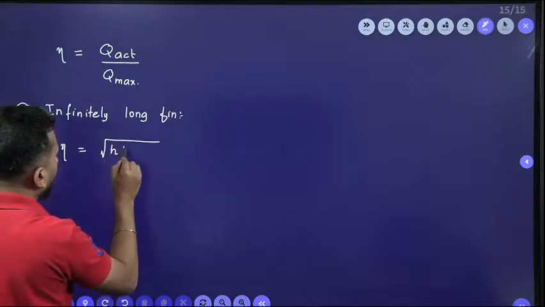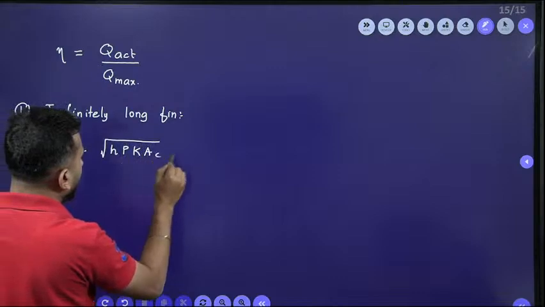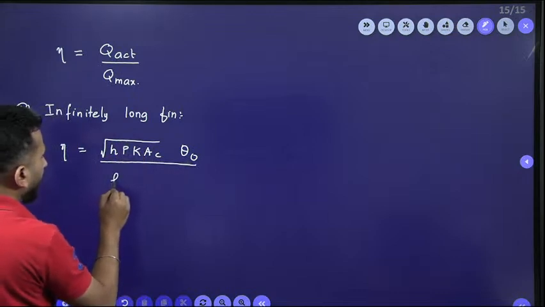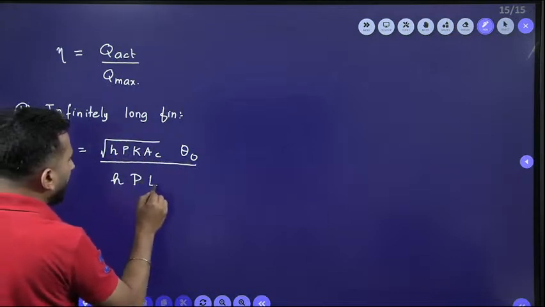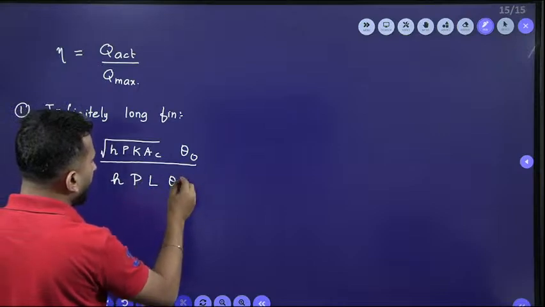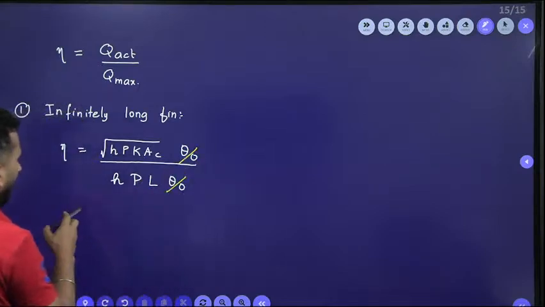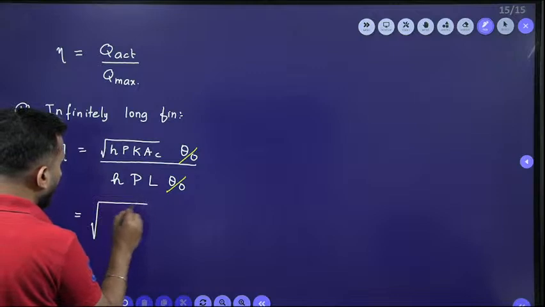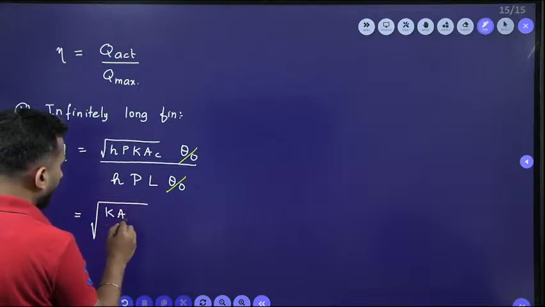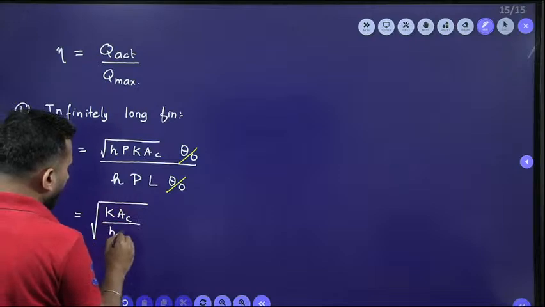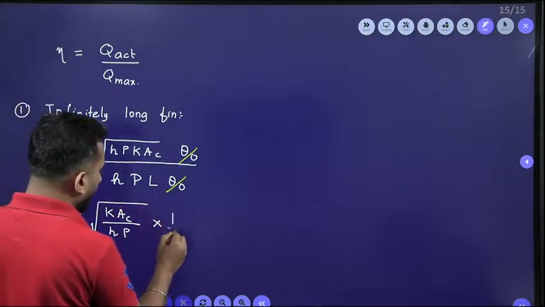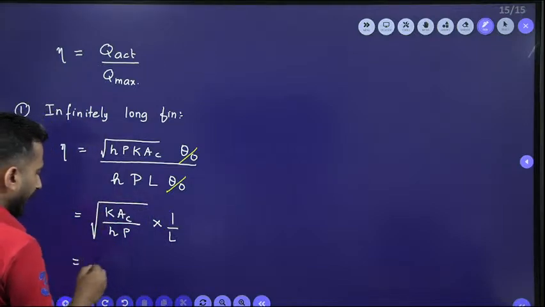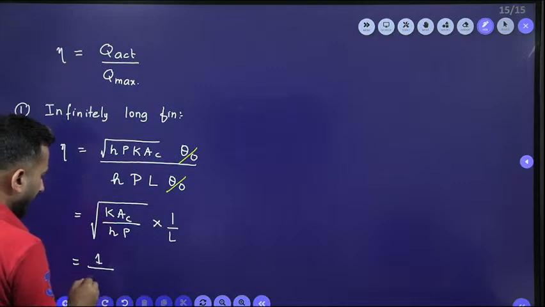Root over h P K A c theta naught. And what is Q maximum that we derived? h P into L and theta naught. So, this gets cancelled and we are left with, since this root thing is m, and the other is 1 by m, 1 by mL.